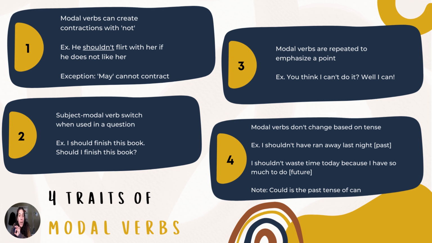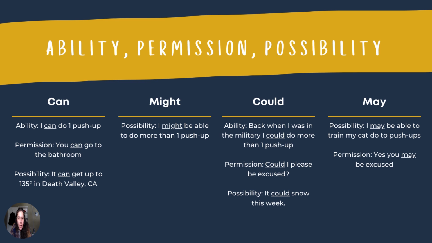Now, one thing to think of, however, is could can be used as the past tense of can. So if you remember, we talked about this here, right? So I can do 1 push-up.